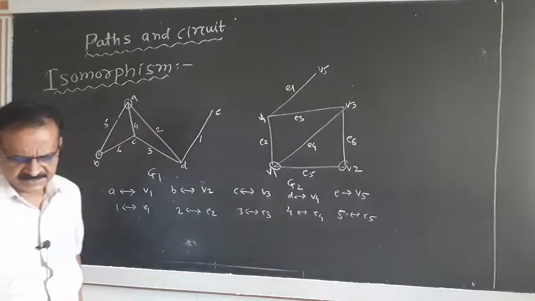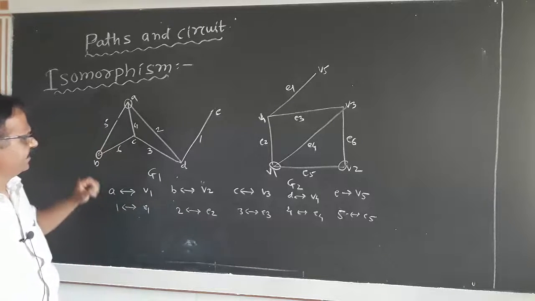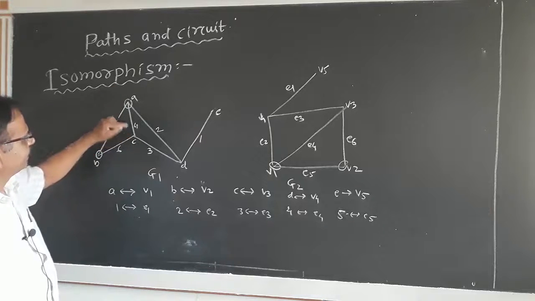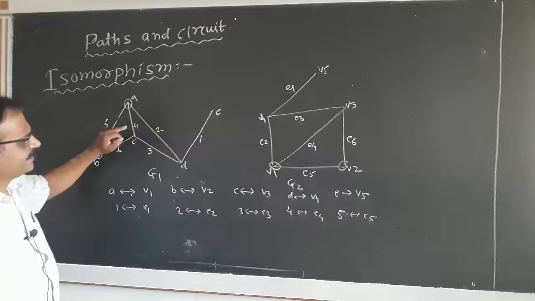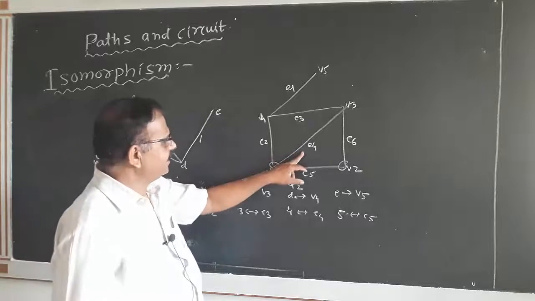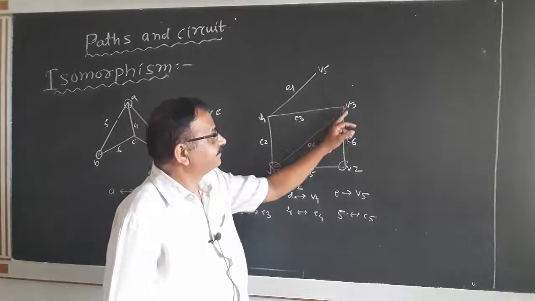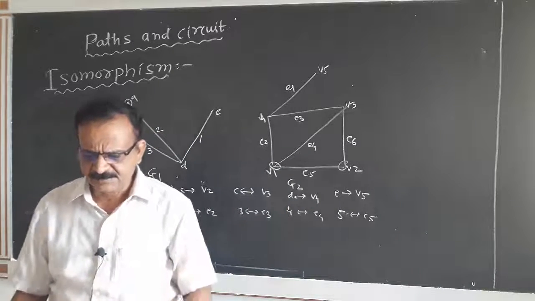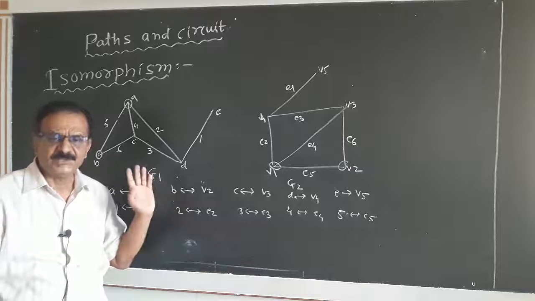All the edges have the incidence relationship. The 4th edge is between A and C, both of degree 3, and E4 is the edge between V1 and V3, both of degree 3. Hence the incidence relationship is preserved, and these two graphs are isomorphic.